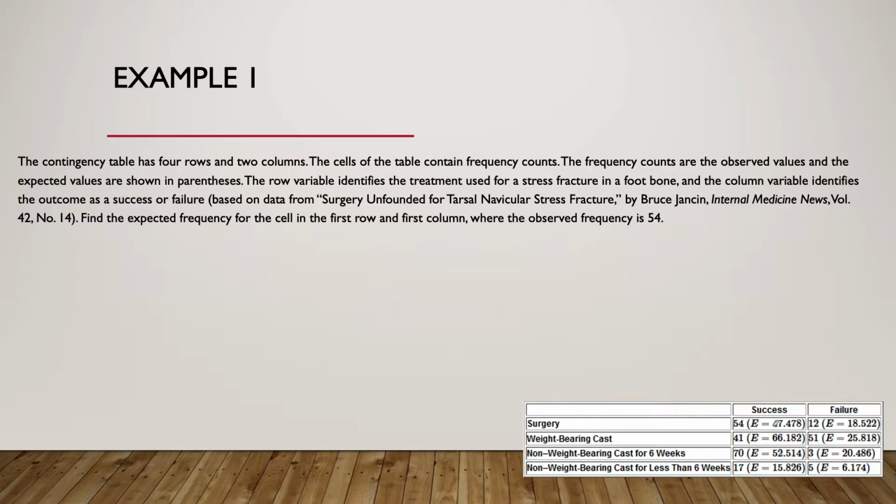Well, to do that, we have, as I have here in parentheses, 47.478. That was calculated by taking 54 and 12 and adding those together for the row total.